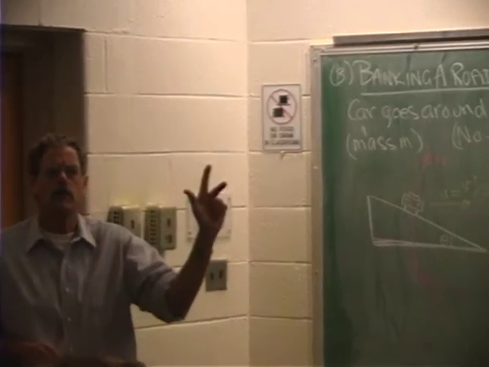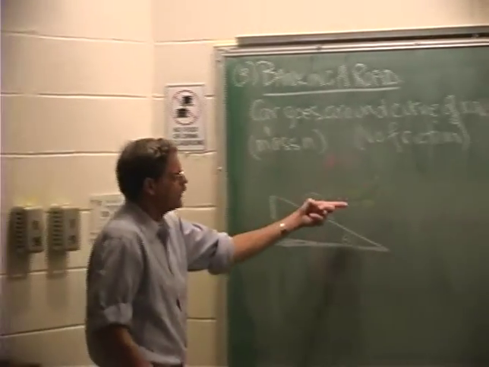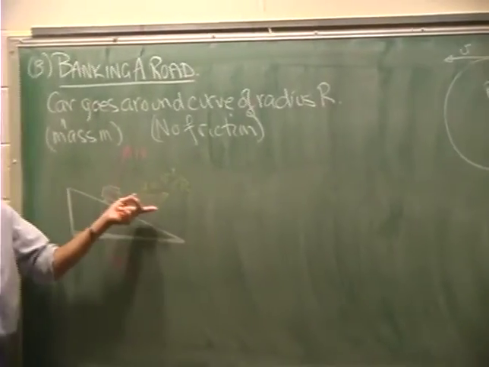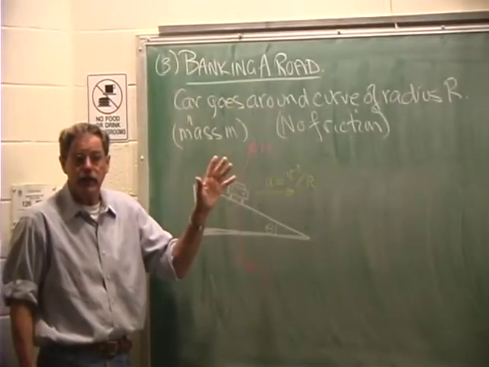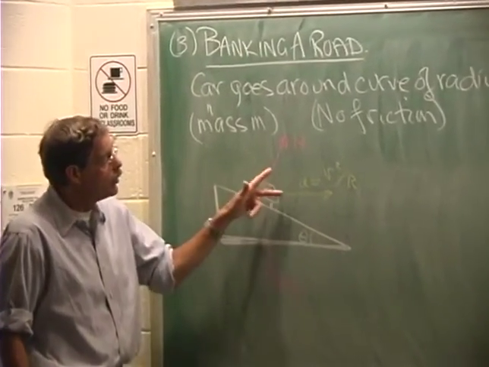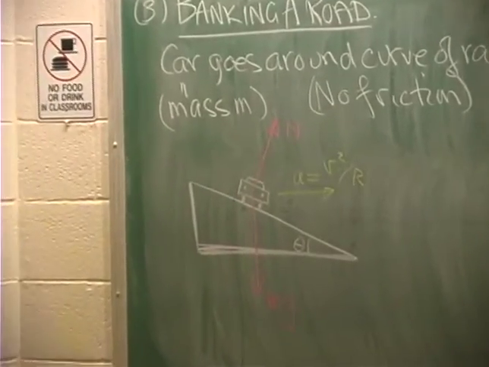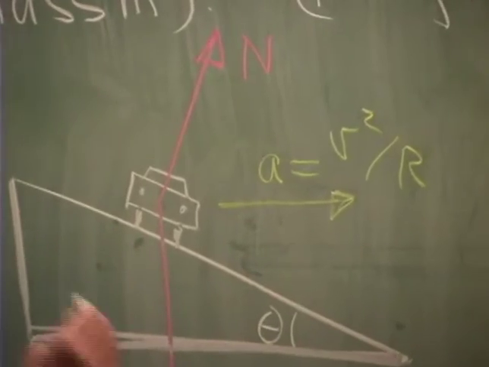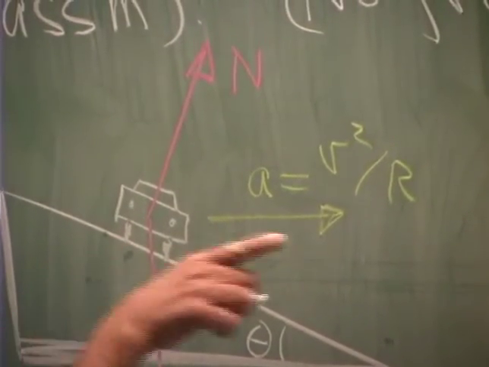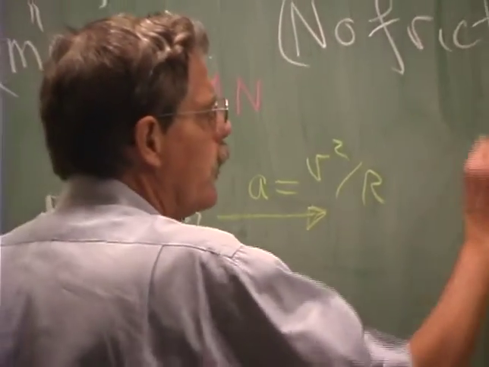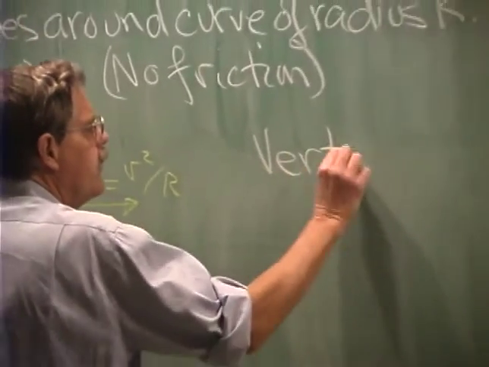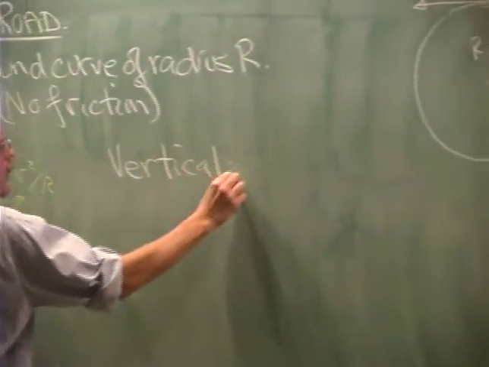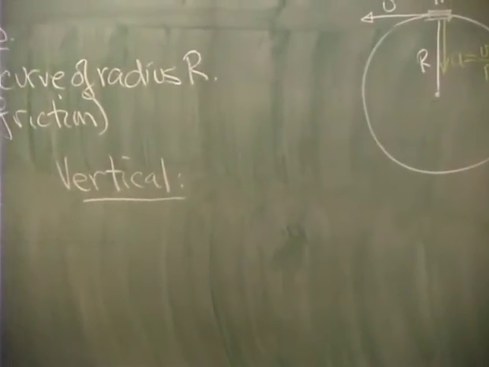If the acceleration is pointing directly in the x direction, let's say, then it doesn't have any y component and it's easy. But if I have to take components of a as well as components of the forces, that's a little bit nastier. Again, this is anticipating the point I'm going to make later on, but I'm going to do horizontal and vertical. So first of all, in the vertical direction, what do I see here?